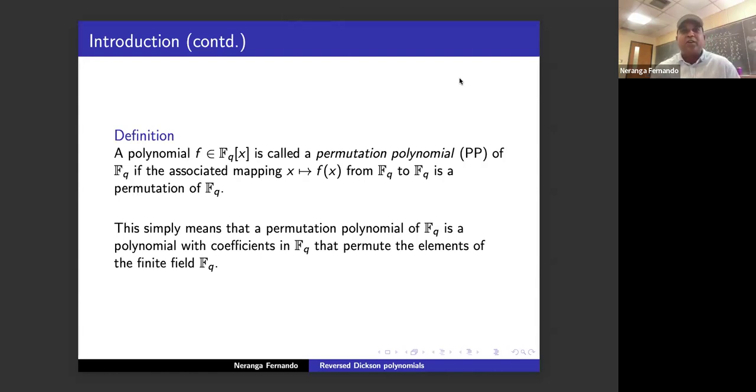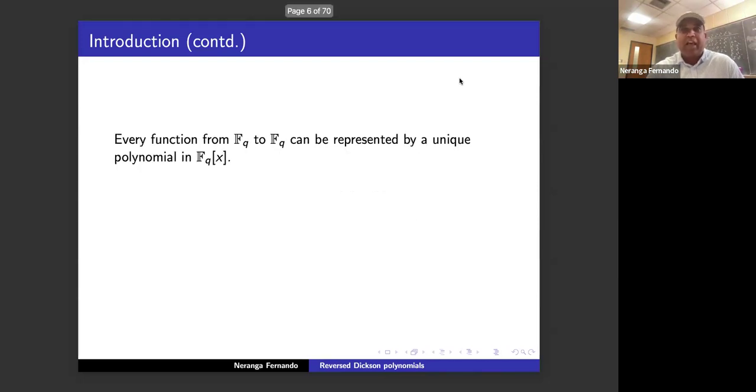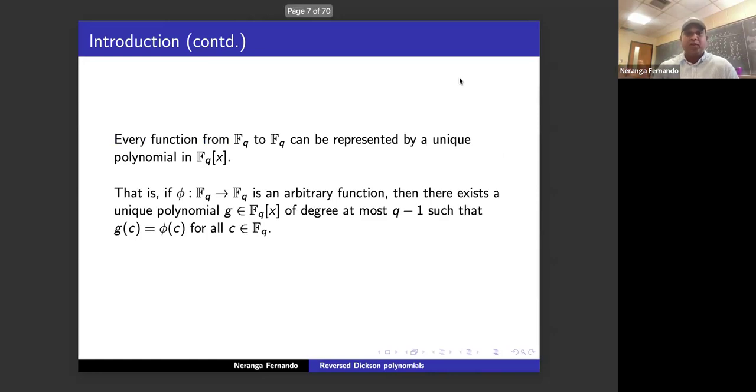As I said, I'm going to be talking about permutation polynomials over finite fields. So the main question is, what are permutation polynomials? Here's the definition. They are simply polynomials that permute the elements of a finite field. It is a well-known fact that any function from F_q to F_q can be represented by a unique polynomial of degree at most q minus 1.